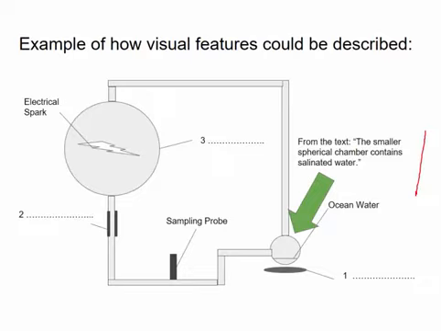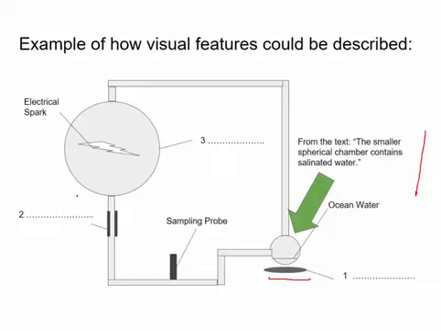All right, now if the passage says that, notice what it says, the smaller spherical chamber. Okay, that is not something that is labeled over here on the diagram. Okay, we're talking about this smaller circle here, this sphere, and that is smaller than this other sphere that is over here on the left side.